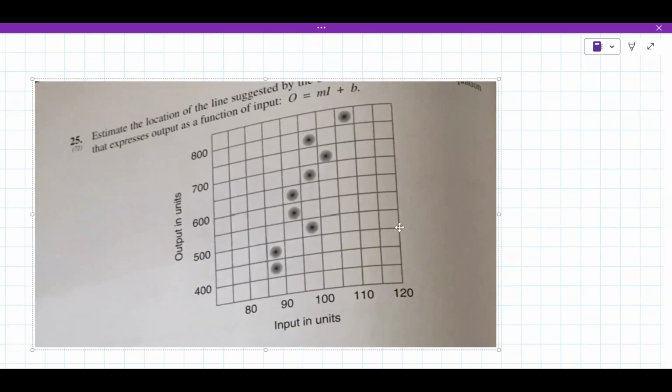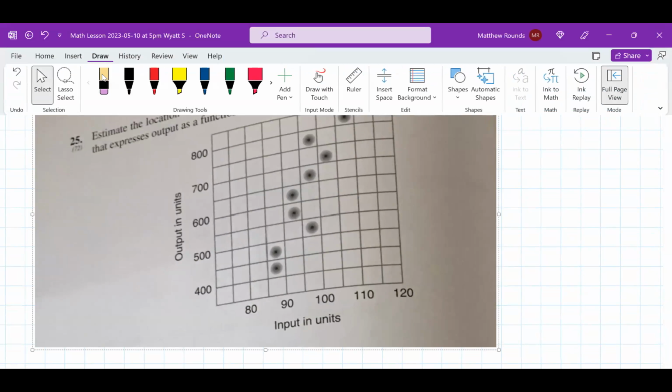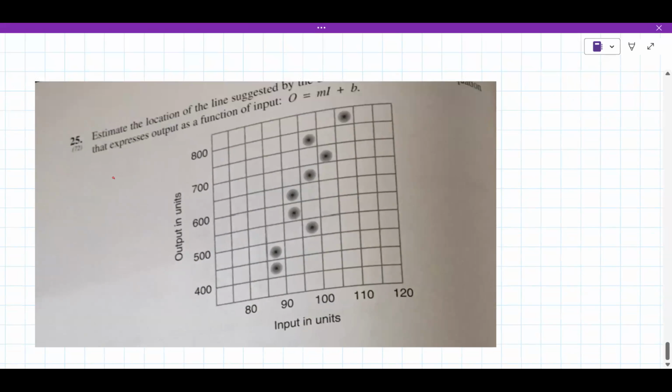This is a good question because there's no y-intercept. The y-intercept's way over here, so you get something that doesn't look right. But I recommended drawing a line or picking some points that roughly work. Maybe that's not quite good enough.